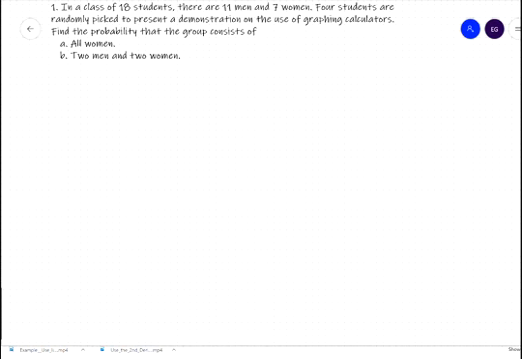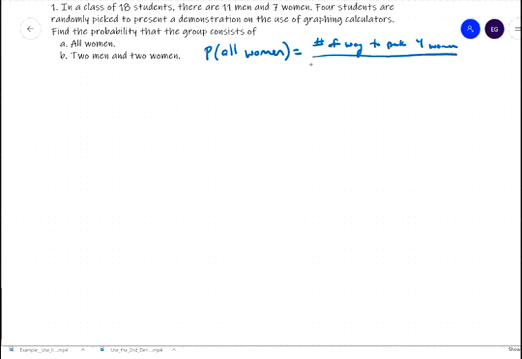The probability of the 4 students being all women, well, by our definition of probability, let's say probability of all women is the number of ways to pick 4 women divided by the number of ways to pick any 4 people.